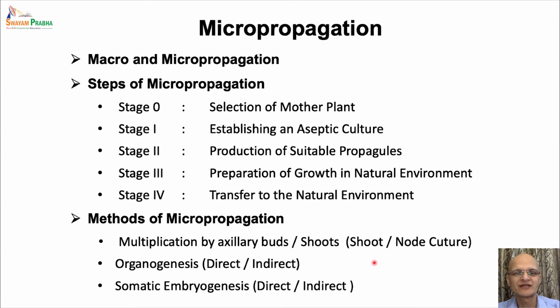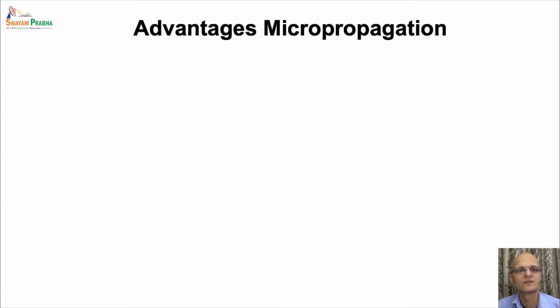One is the shoot culture and another was the root node culture, followed by organogenesis and somatic embryogenesis, where both the processes can be initiated directly from the somatic cells, or directly means without the dedifferentiation process, or alternatively the cells of the explants can be dedifferentiated to form the callus, and then they are redifferentiated for morphogenetic responses like the shoot induction.